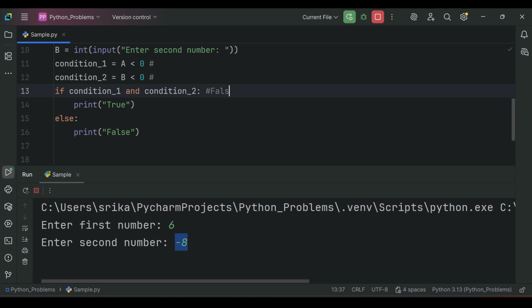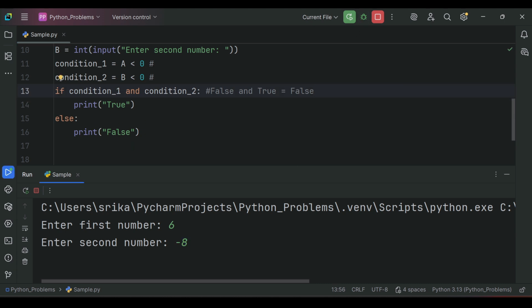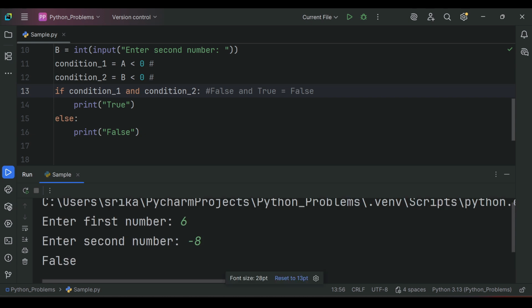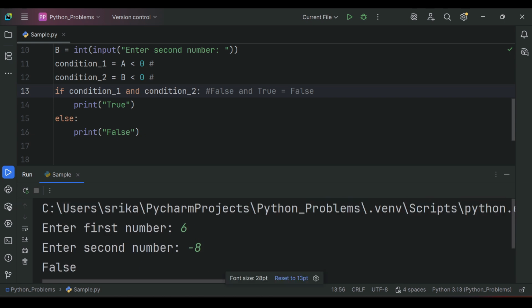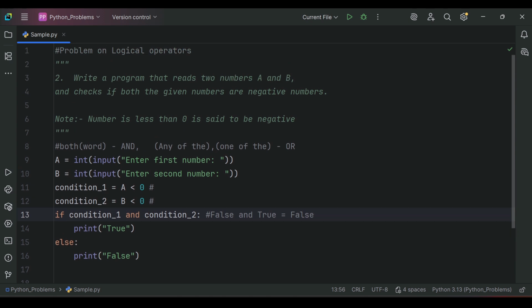That's why the output will print false. Likewise, we have to check the given problem. I hope you understand, friends.